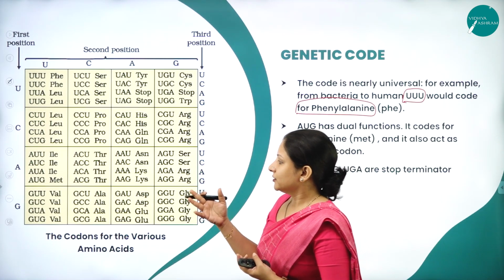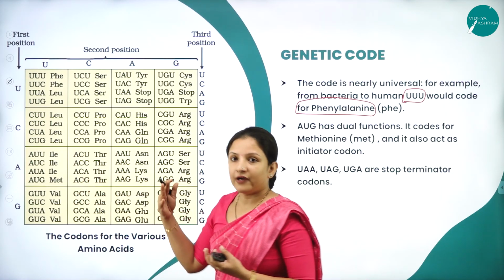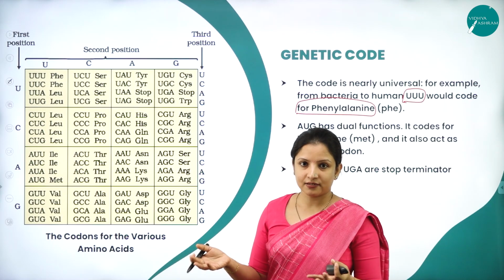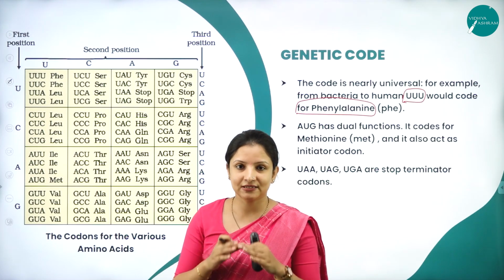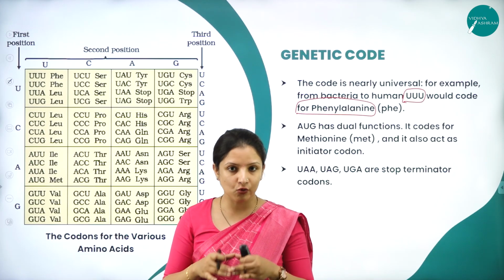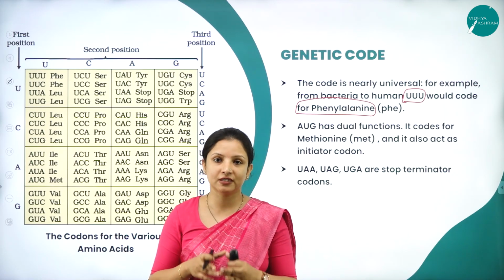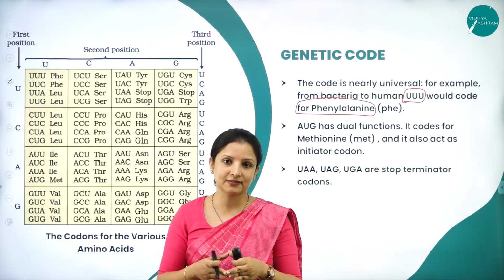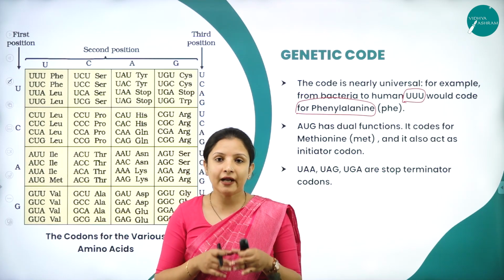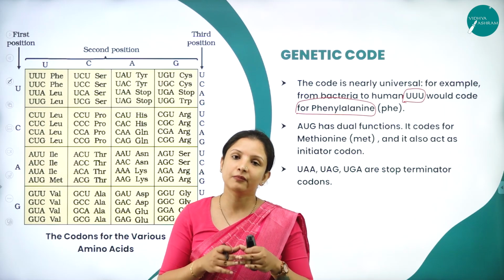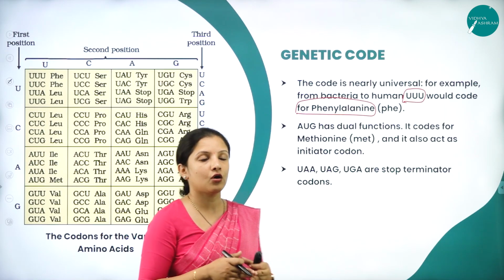So like that. GUU codes for valine in all the organisms. So therefore, it is understood that whatever 61 different triplet codons are present, each of these codes for a particular amino acid, or 2 or more codons can code for the same amino acid, and universally they code for the same amino acid throughout in all the organisms.